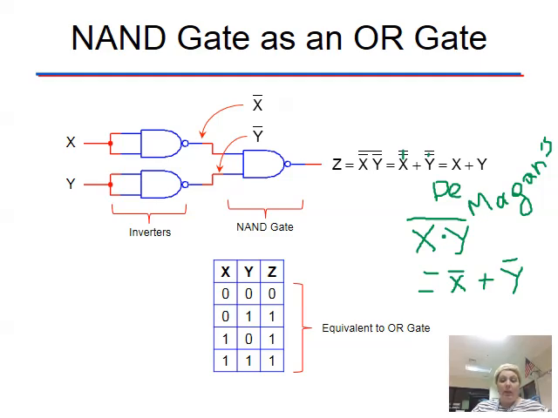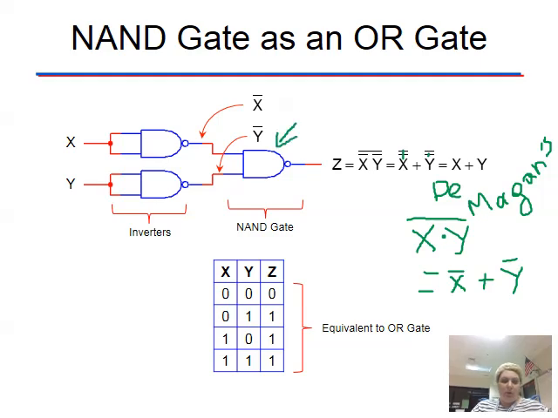It is just this, the NAND gate. This is NOT AND. So if I invert the things coming into the gate, I will get an OR.